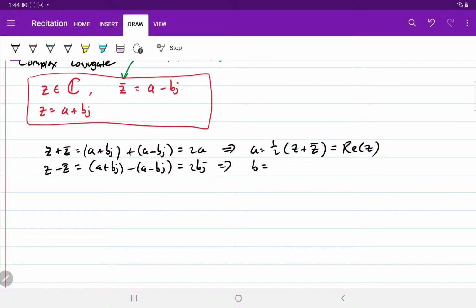So b is 1/2j times z minus z bar, which is the imaginary part of z.